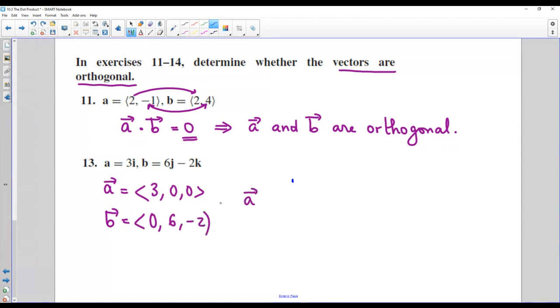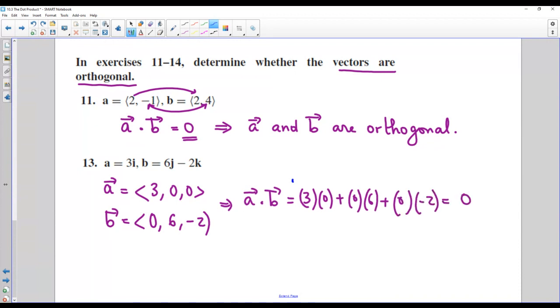Now, you can see that the dot product this time is 3 times 0, and then 0 times 6, and then 0 times minus 2. You can see that this will be zeros. This will give you 0.